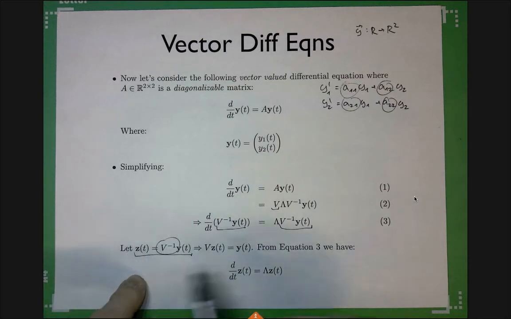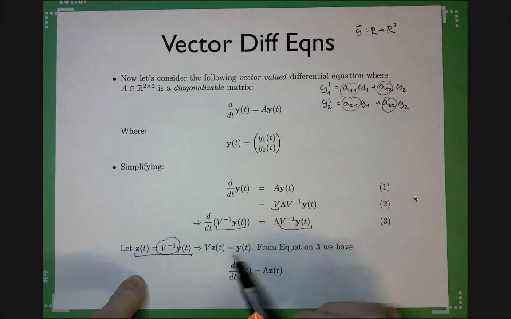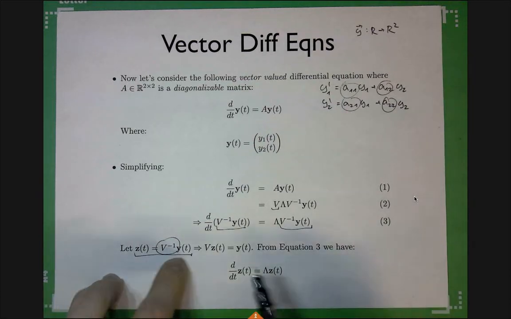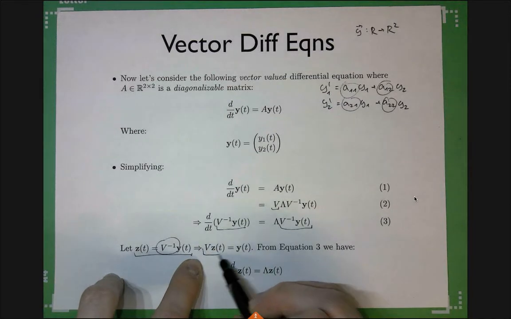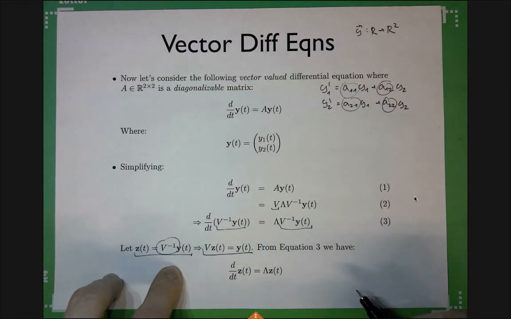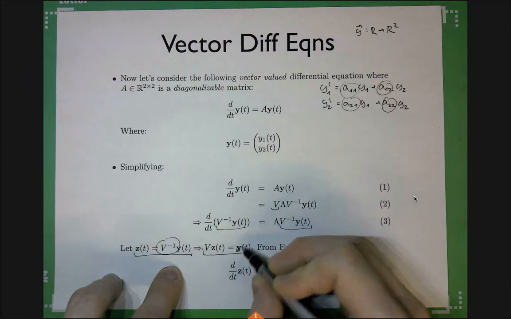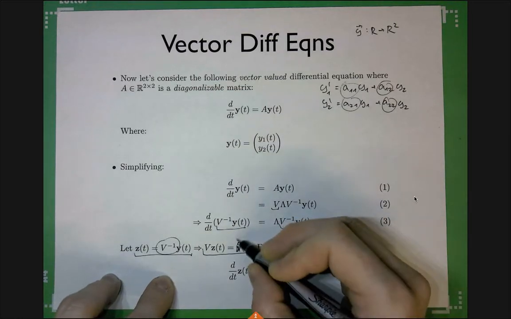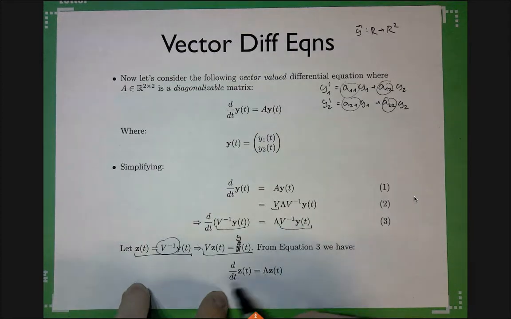Of course, we can revert from the substitution by saying that Vz is y, again multiplying from the left with V. Now this looks like a bug, there should be z, but no, this is correct, sorry. This is what we get when we plug in the z. So we get that the time derivative of z equals lambda z.